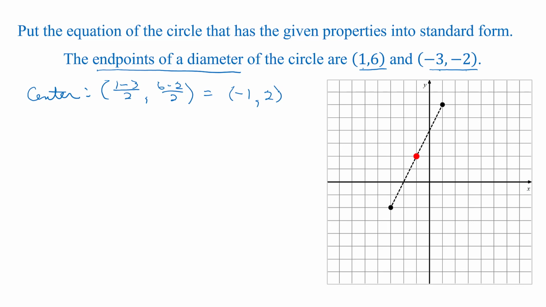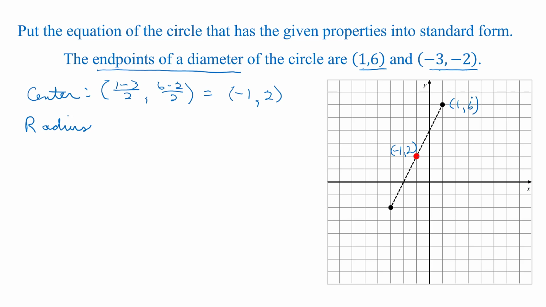Okay, the next thing we need to do to write the equation is to know what the radius is. If you think of it like this, the radius is the distance from the center to a point on the circle. So it would be the distance from the center (-1, 2) to, we could use either endpoint, let's just use the endpoint (1, 6).